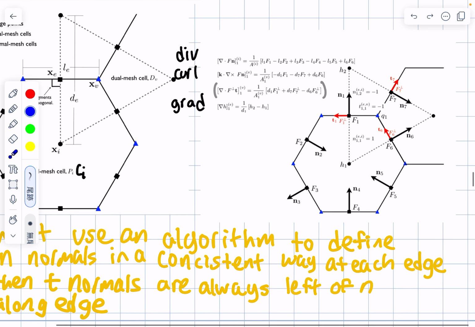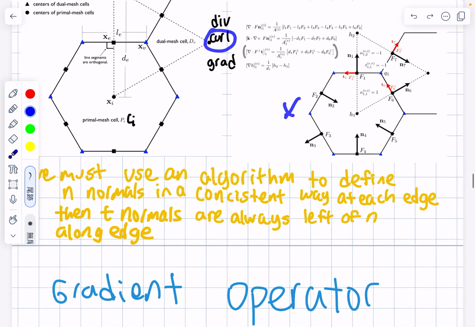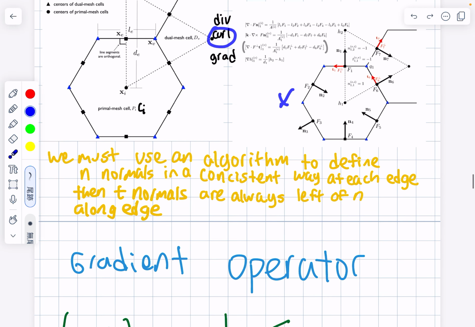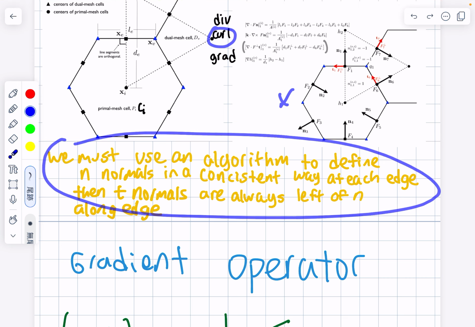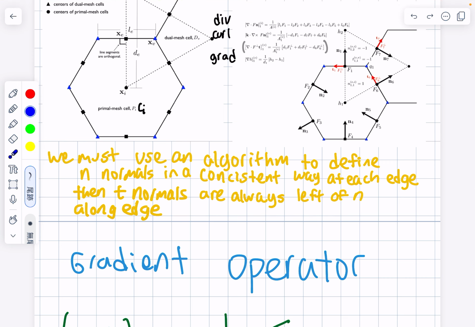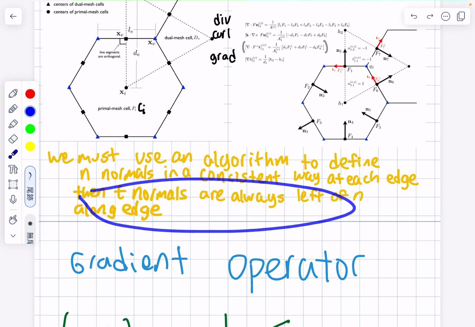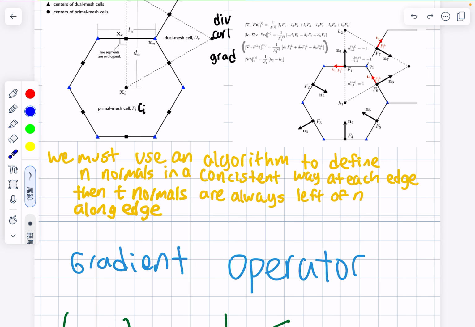These will be useful for calculating the curl later. Yeah, and this is what I was saying earlier. You must use an algorithm to define n, which are normals, at each edge, so they're always consistent. And then the t normals are always to the left of the n along an edge.